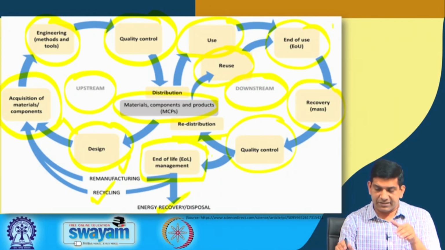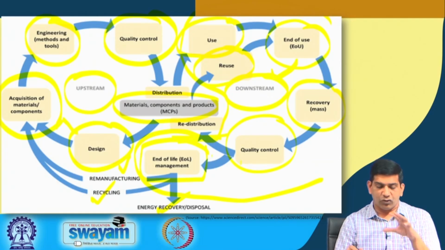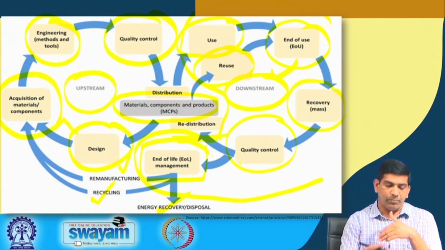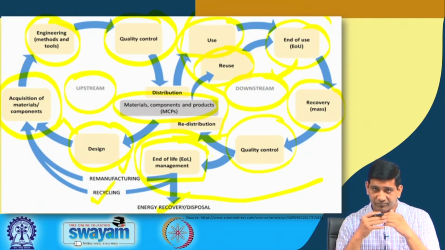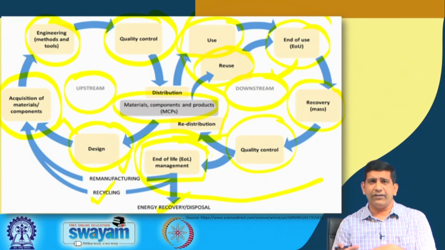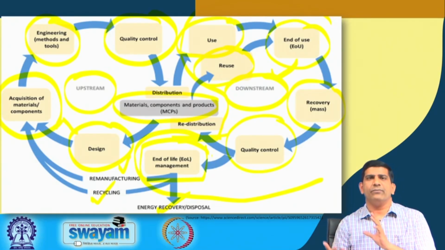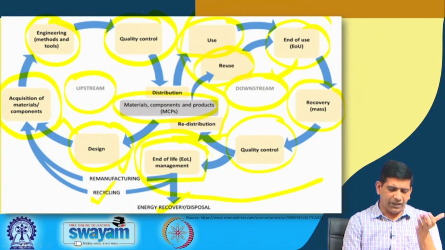This part is what is downstream. Upstream is acquiring material, using the design, and coming up with a new product. Once the product is in use, end of life and the things associated with end of life, that becomes our downstream.